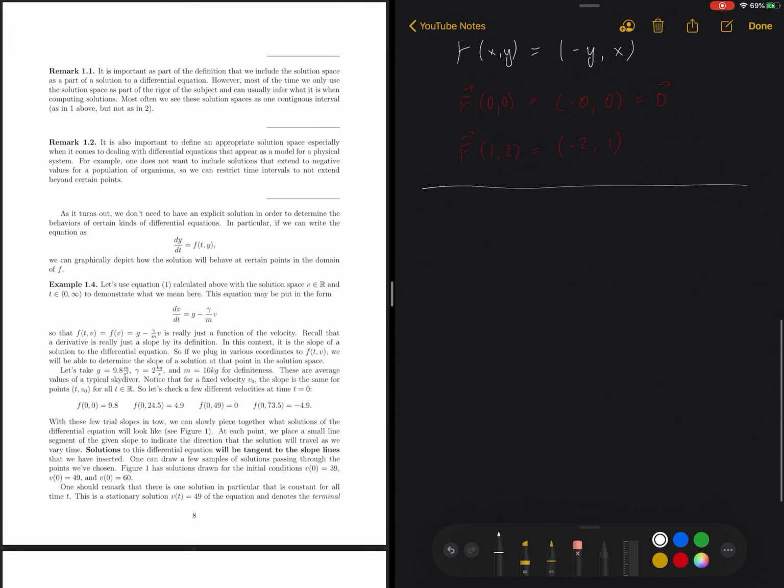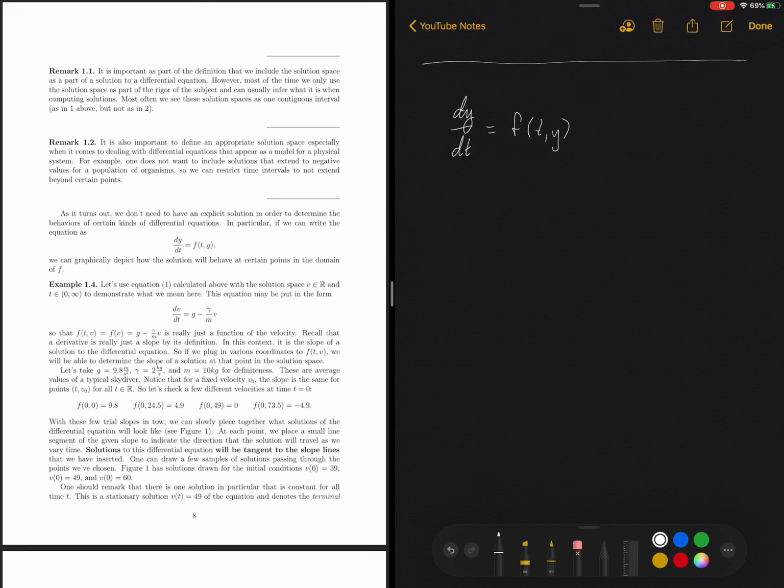Now, what does this have to do with differential equations? Well, if you follow me for a moment, come on down here, a little bit further. Now, there is this idea that in many applications, we can write our differential equation in this form, where the derivative can be solved for explicitly.